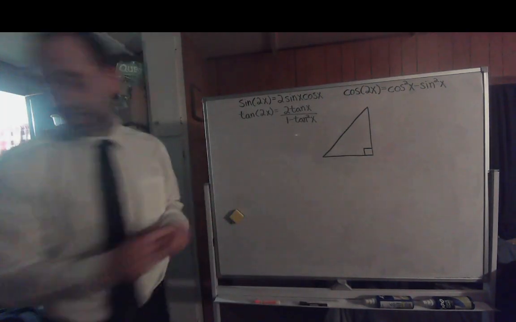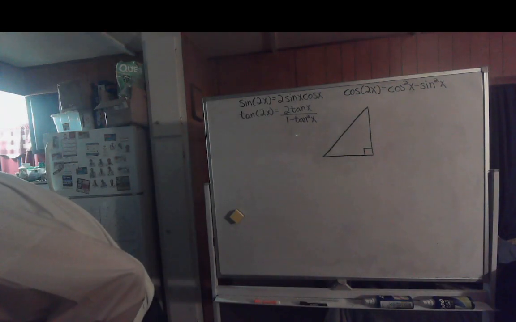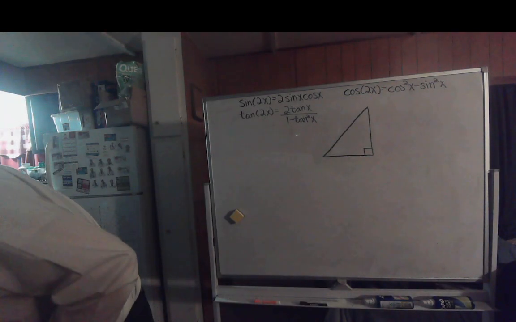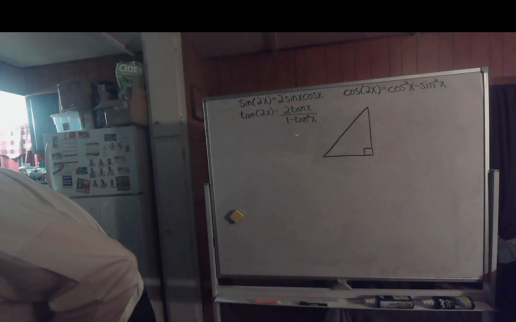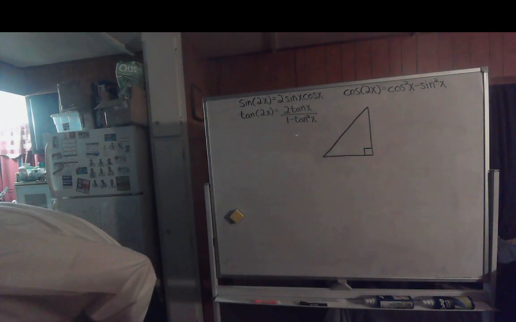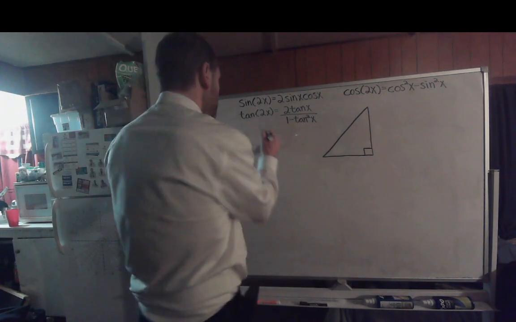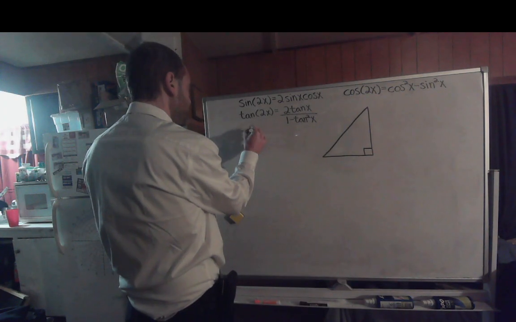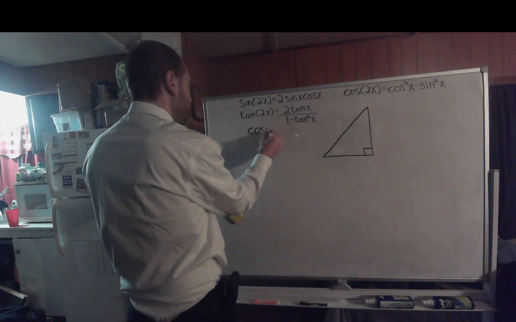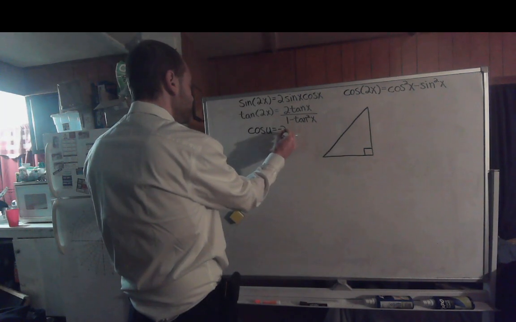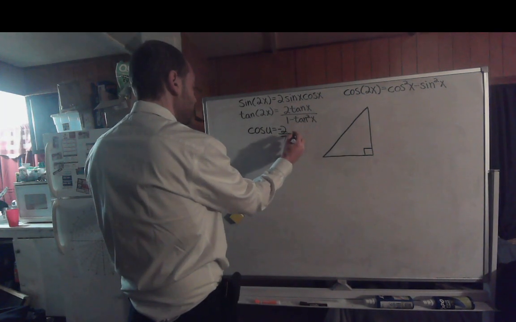All right, so we are given that the cosine of angle U equals -2/7.